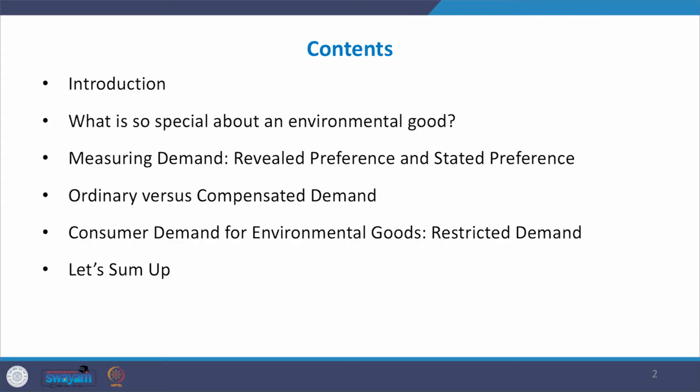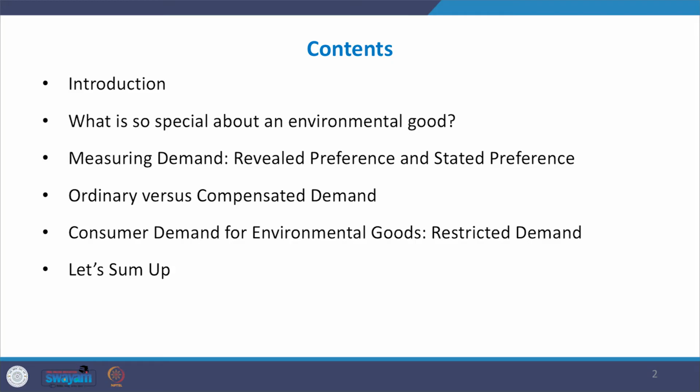In this lecture, I will explain you what is so special about the environmental goods, how to measure the demand. There are two approaches to measure demands. One is revealed preference approach and second is stated preference approach.